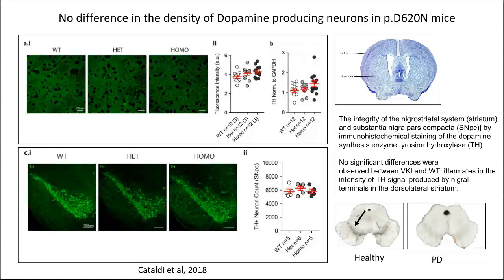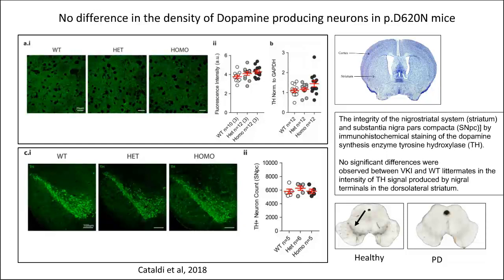This is just staining for the dopamine-producing enzyme tyrosine hydroxylase, which, just to remind you, in healthy individuals, you see this black pigmentation, and in late-stage PD typically, you see this complete loss of pigmented neurons. This is what this translates to. So this staining in green that we use an antibody against is investigating this same population of neurons.